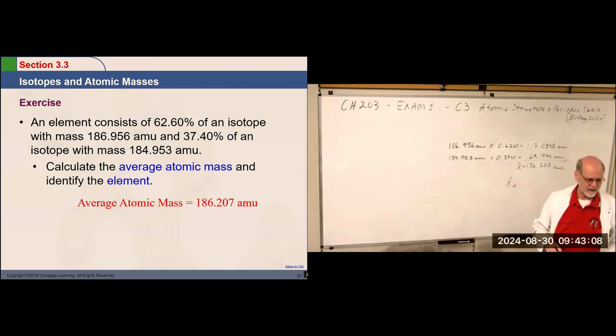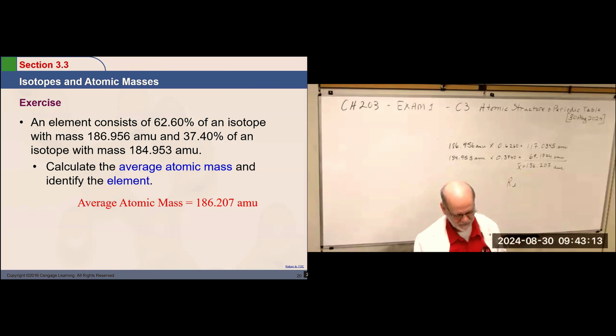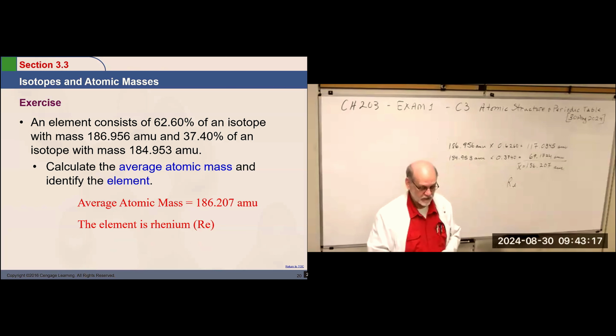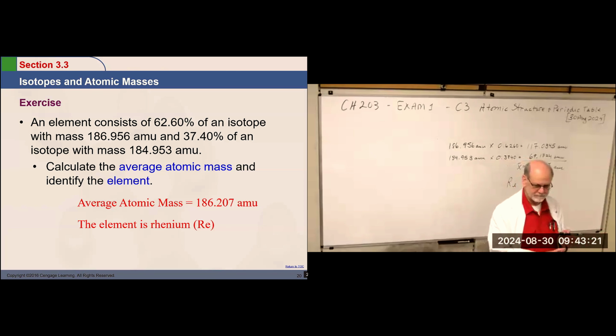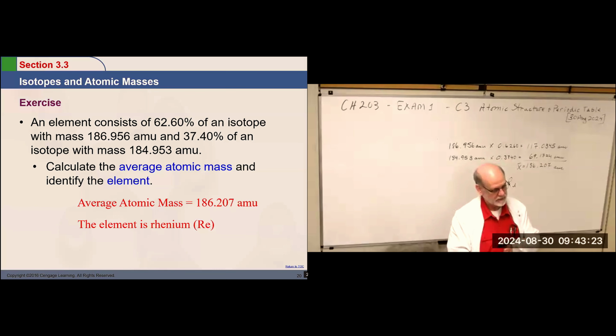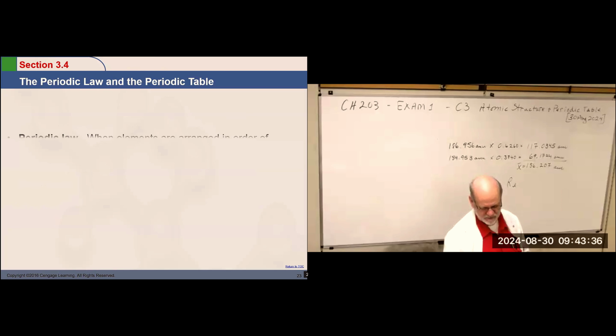I didn't have you memorize that one. Re is rhenium. Okay. So there are two ways to find out what your element is. If you know the protons, easy. If you know the atomic weight or the atomic mass, you can do that one also. Okay. Those are isotopes.